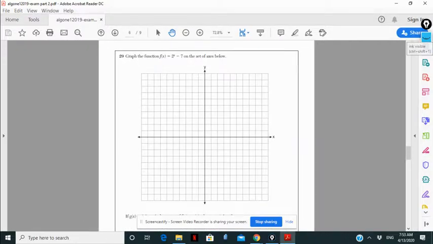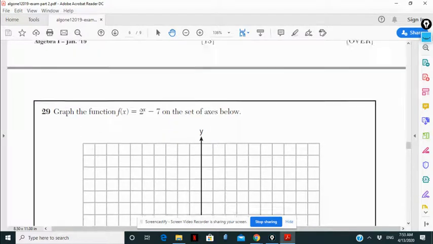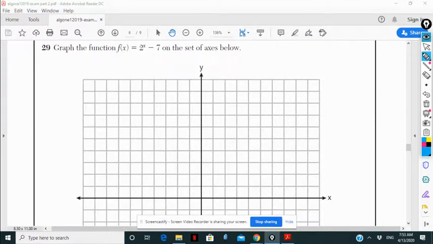Now they want me to graph this function, so I have to get some values. Okay, so here x, y. If x is 0, so y is negative 6, since 2 to the power 0 is 1, 1 minus 7 is negative 6.